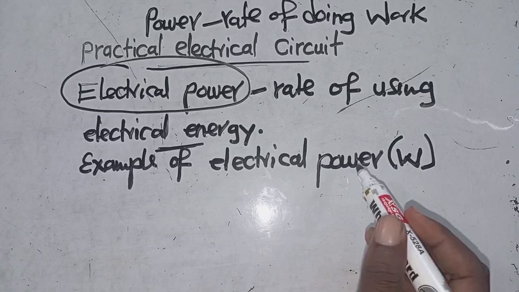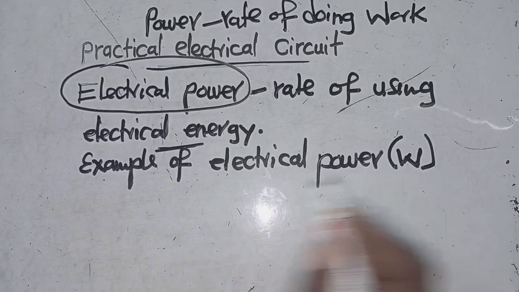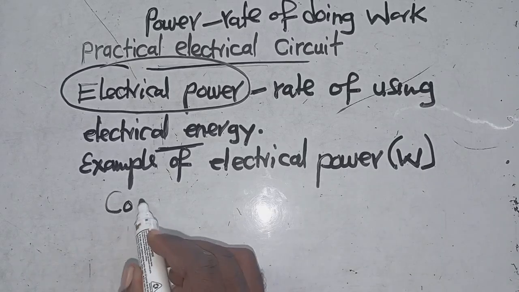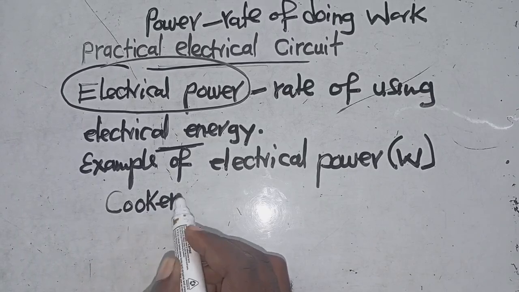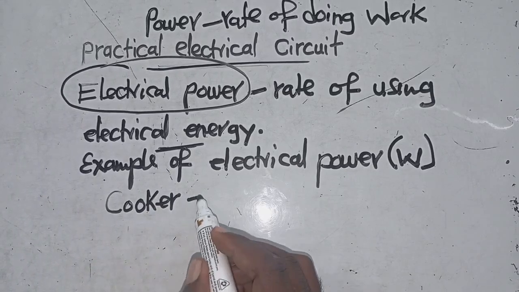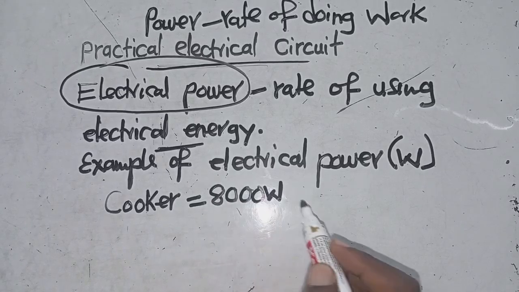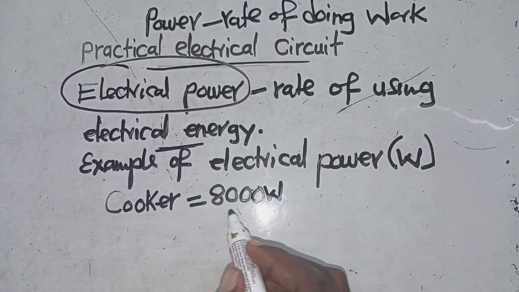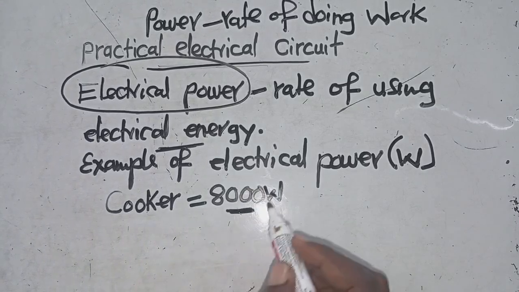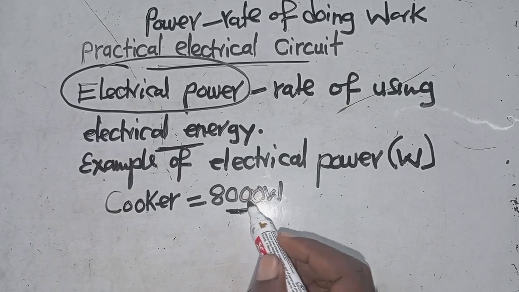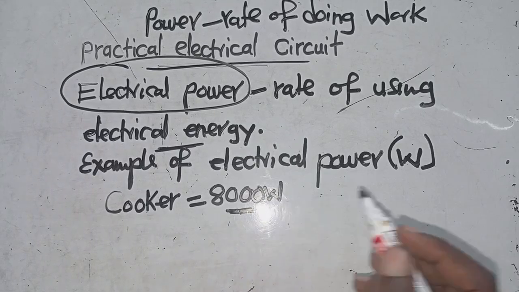So examples of this electrical power, we can talk of a cooker, which is 8,000 watts. So it has got a power of 8,000 watts. We can now talk of a heater.